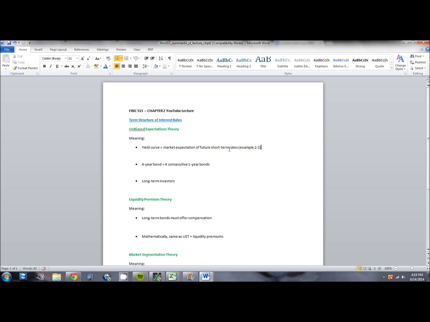So if you look at example 2.2, you can see that if investors believe that short-term rates are going to rise, then the yield curve has to be upward sloping. That's because a 4-year bond has to give you the same return as 4 consecutive 1-year bonds, according to this theory. Otherwise, you would have an arbitrage situation.